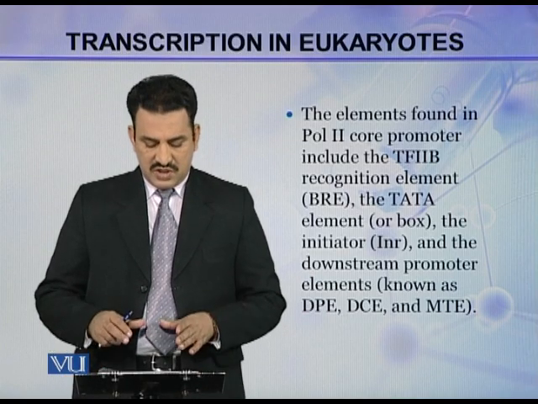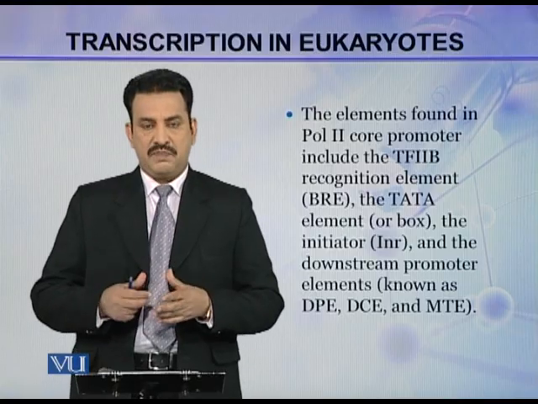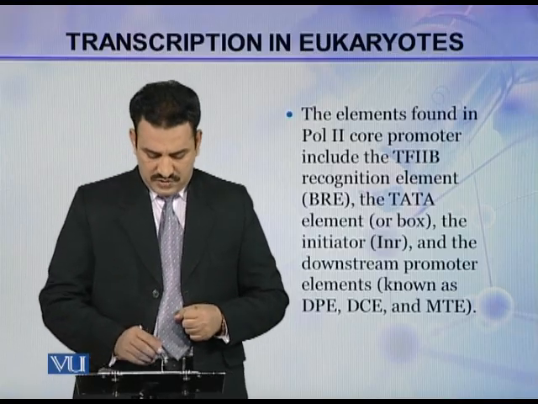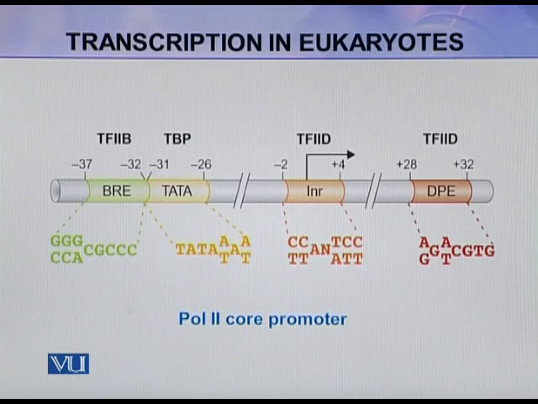So these elements are present in the core promoter. Here you can see a representation of the core promoter. This is BRE, this is TATA box, this is INR, and then this is DPE, and so there are many such elements which are present in the POL2 core promoter.